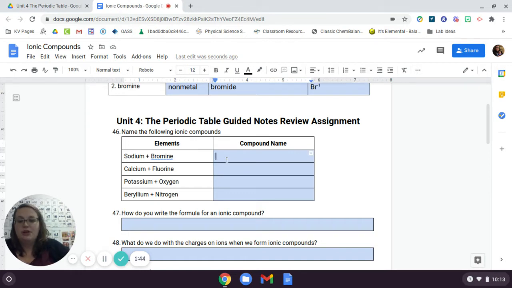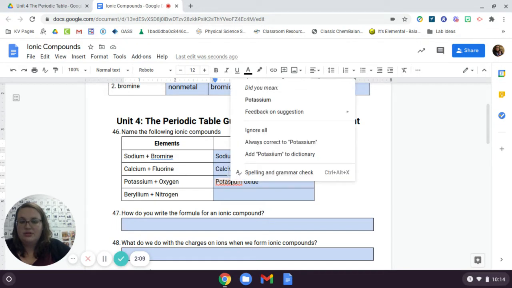So sodium plus bromine becomes sodium bromide. Calcium plus fluorine becomes calcium fluoride. Oh, my typing has a weird delay. Fluoride. Potassium plus oxygen becomes potassium oxide. Ooh, spelling is hard. There we go.